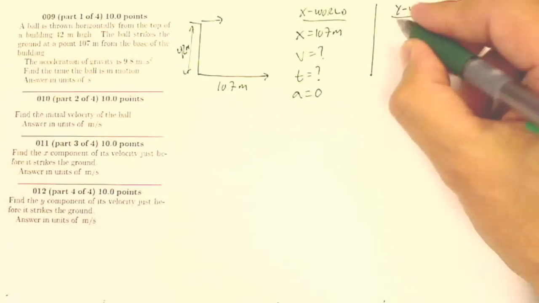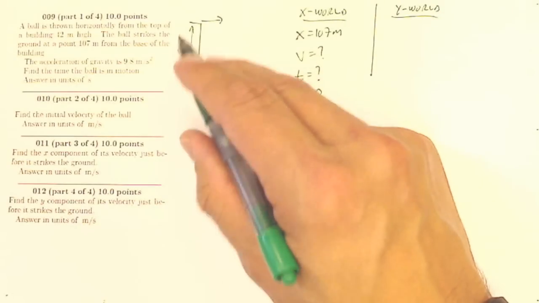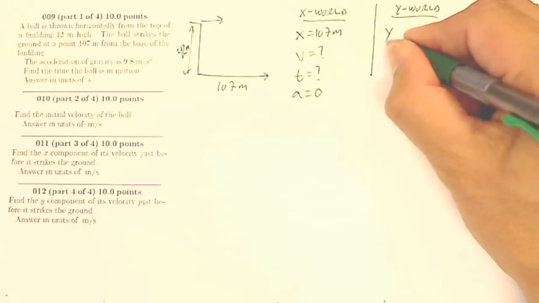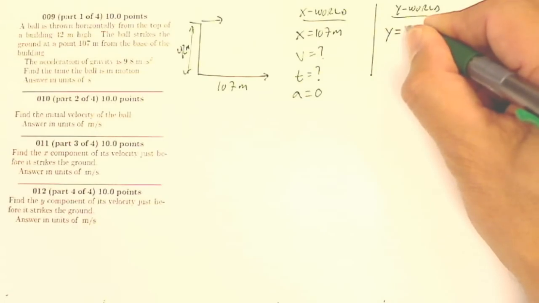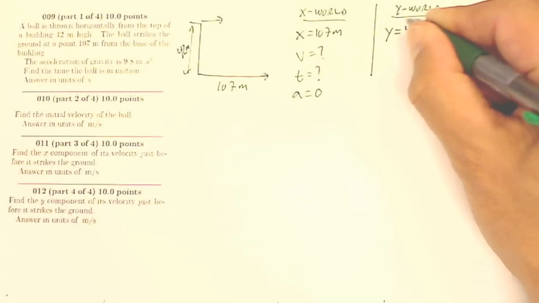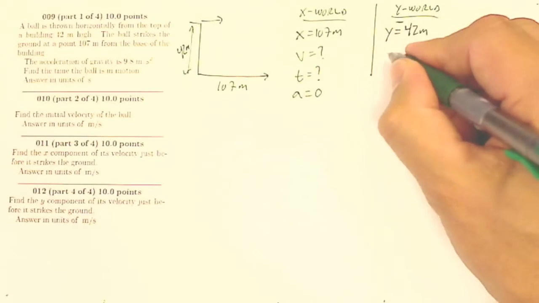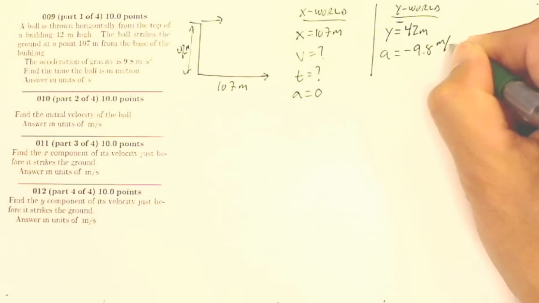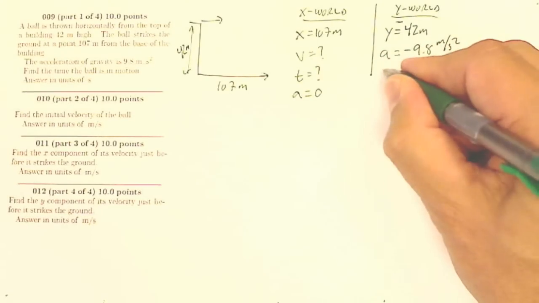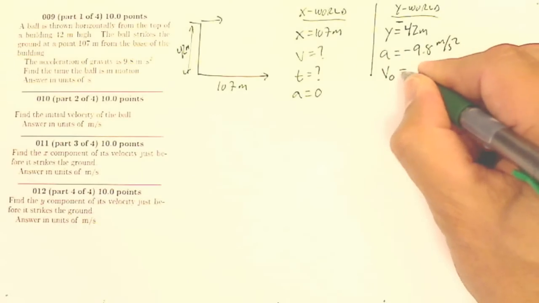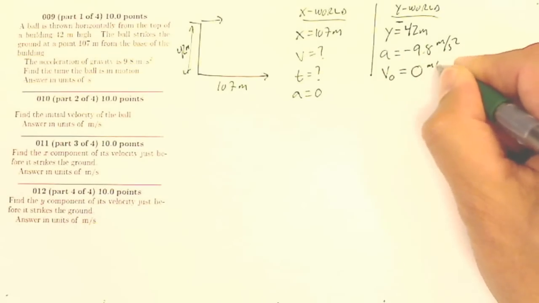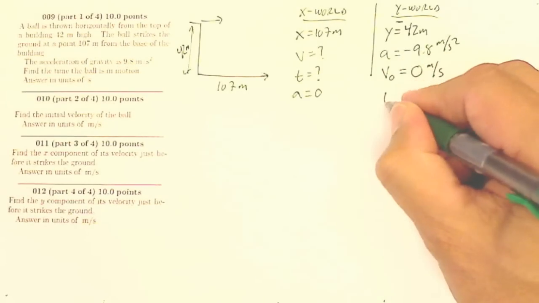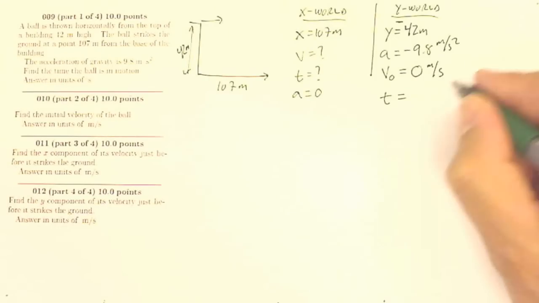In the y world, I know that I have a displacement of 42 meters down, so my displacement is going to be 42 meters negative. I know that my acceleration is negative 9.8 meters per second squared. I know, since it was thrown horizontally, that my initial velocity is 0 meters per second. And I'm looking for the time it takes.